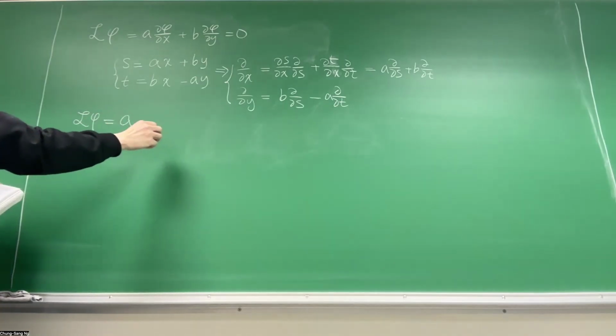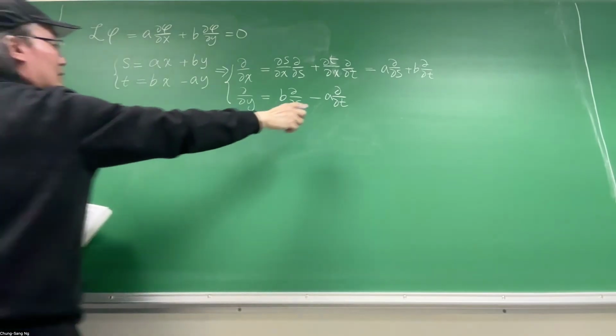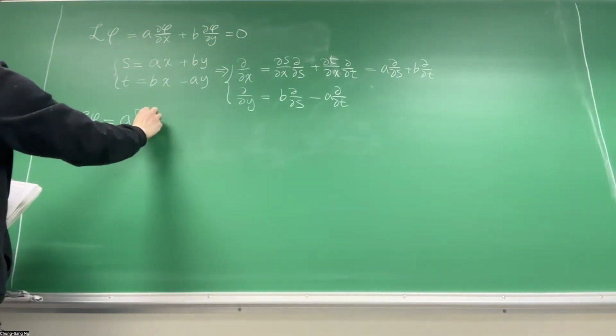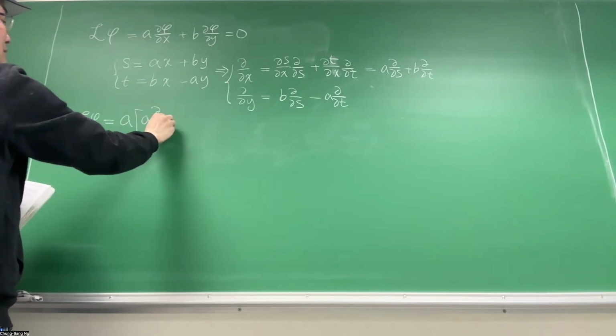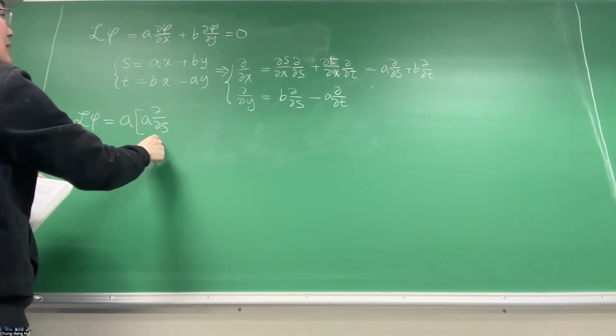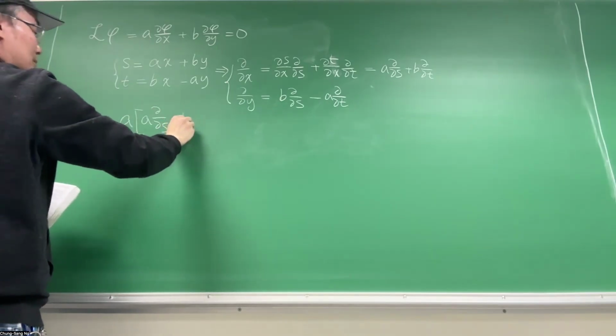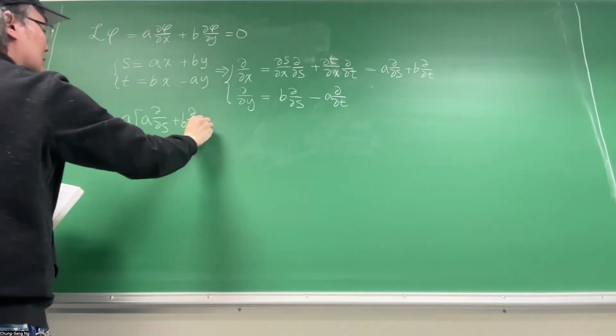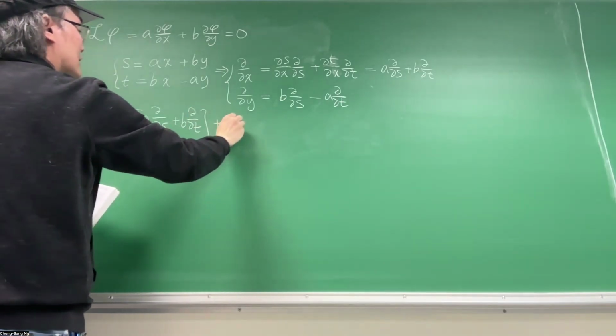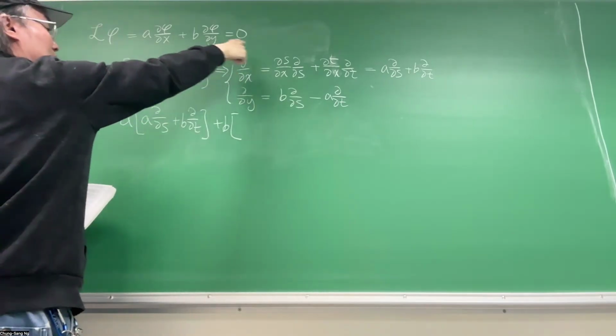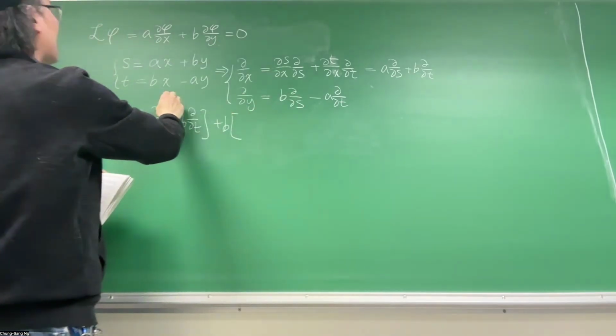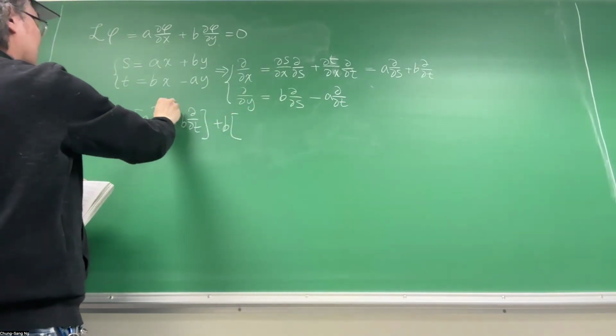You have a times partial s plus b times partial t, and put this here. This operates on phi.